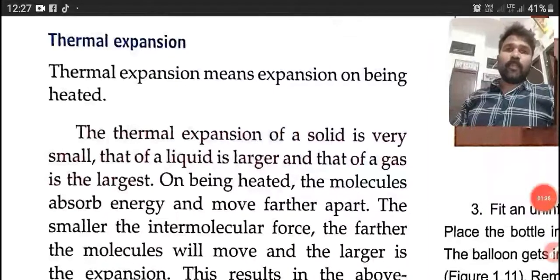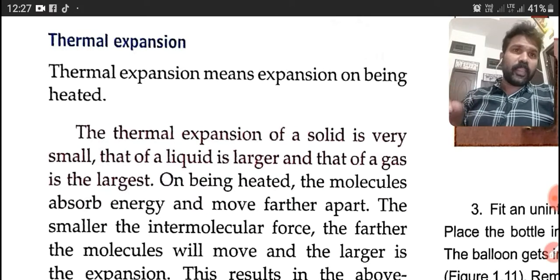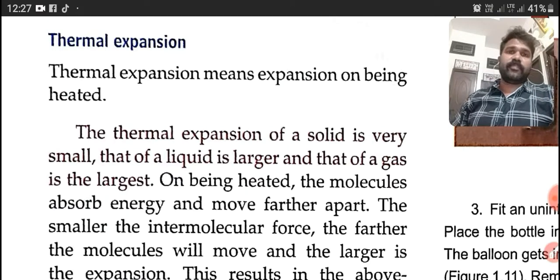Our next topic is thermal expansion. What is thermal expansion? Expansion on being heated is called thermal expansion.